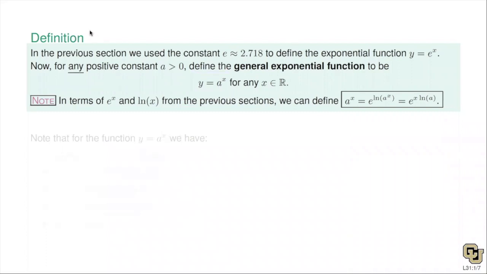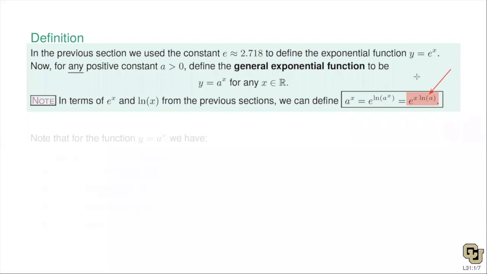So one thing I do want to mention is that this is just a notational trick. Think about the graph of e to the x ln of a, think back to chapter 1. When you multiply the x variable by a constant, remember ln of a is a constant, that will cause compression or stretching in the horizontal direction.